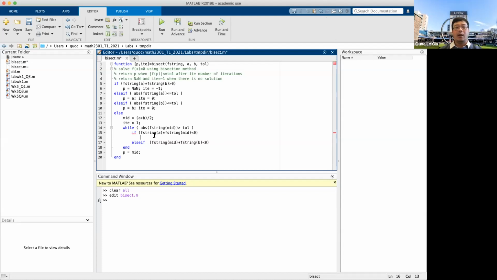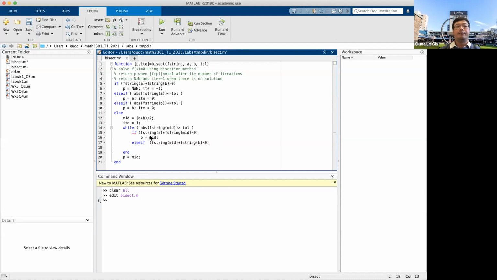So maybe I should say that B now is the midpoint. You just update the right hand side, right? So B now is the midpoint, and A is still the same, right?